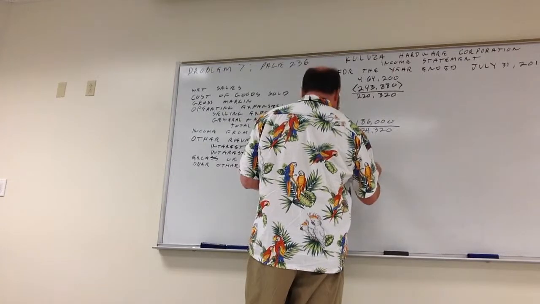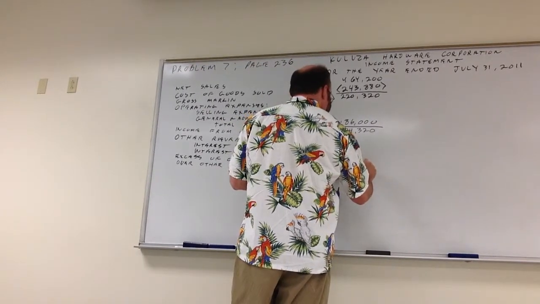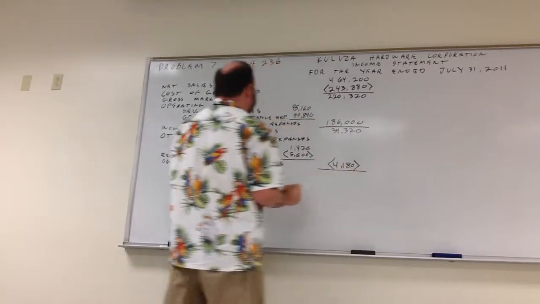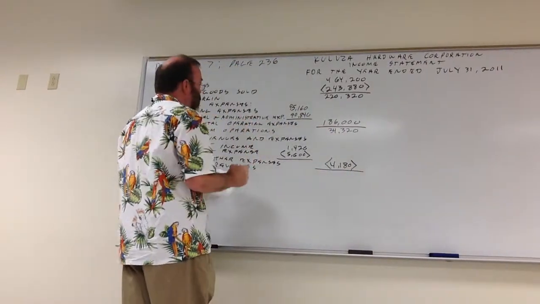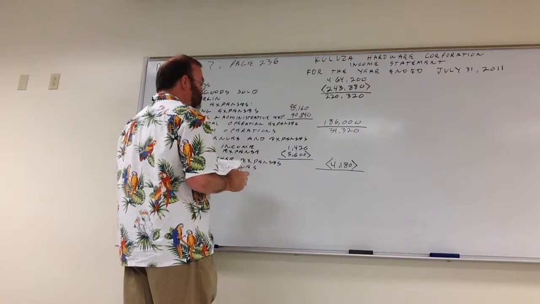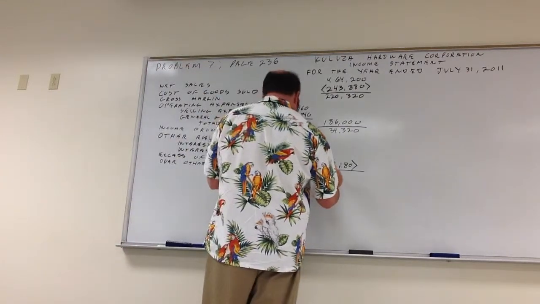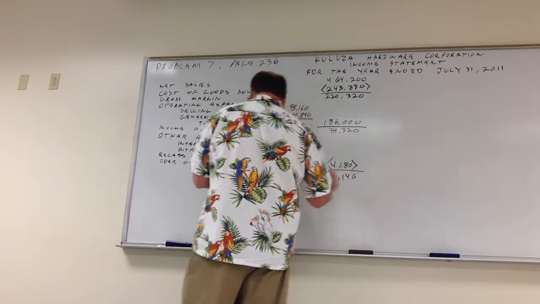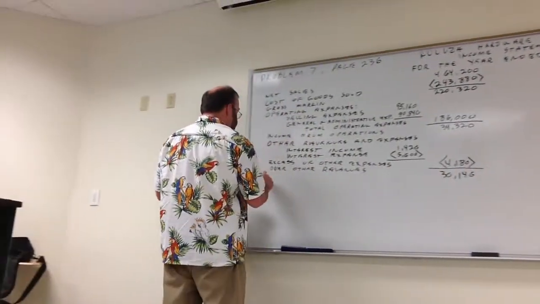And that was 4,180, a negative number. Subtract that from the income that we generated from operations, and we get $30,140 income before income taxes.